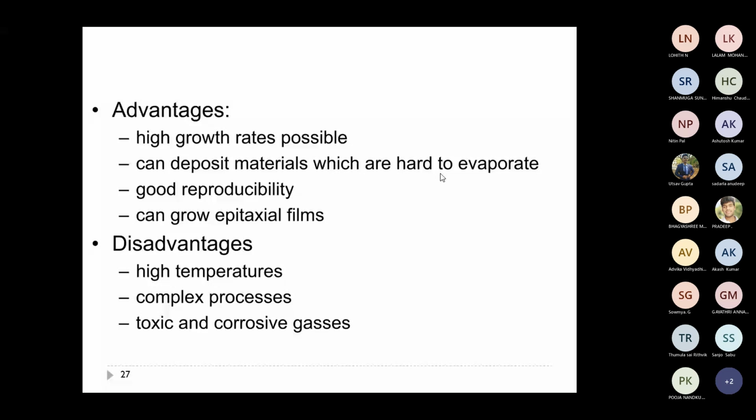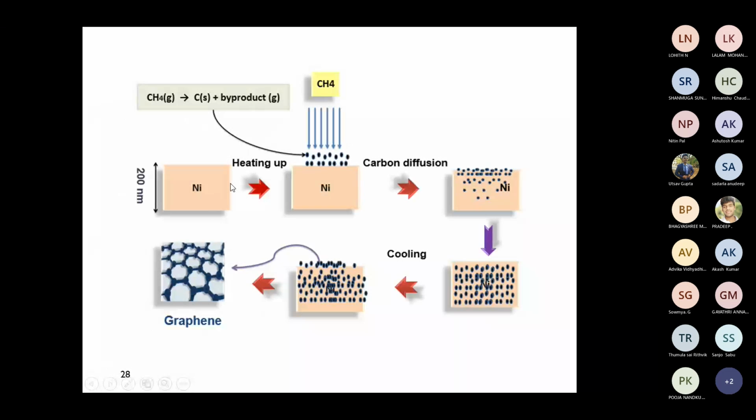This is just one example, the nickel substrate. After heating, as you can see, if you purge CH4 gas, it will convert to C plus a byproduct. The byproduct gas will come out, and this is actually carbon black, and then CH4 again.